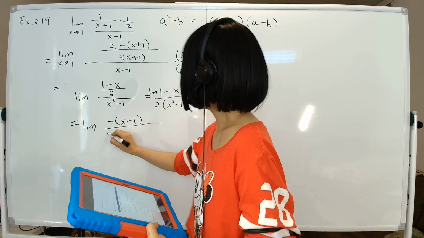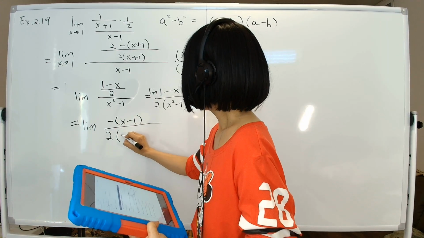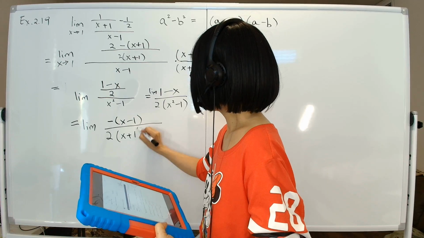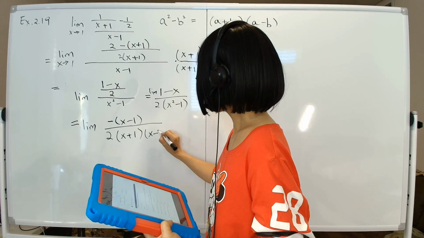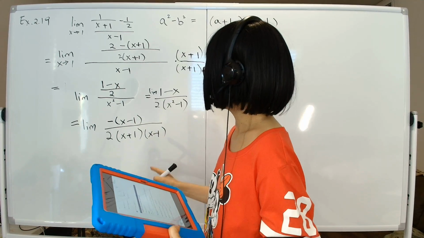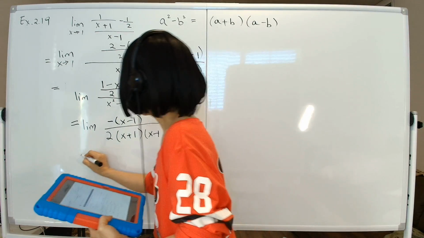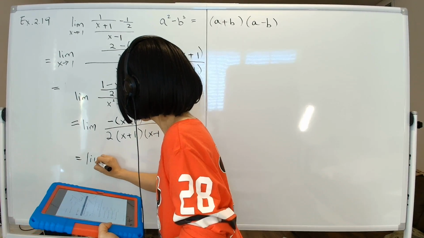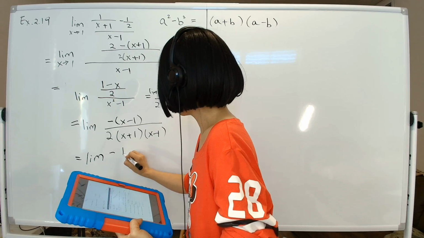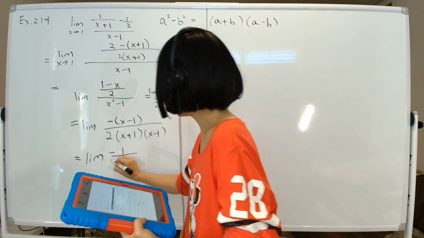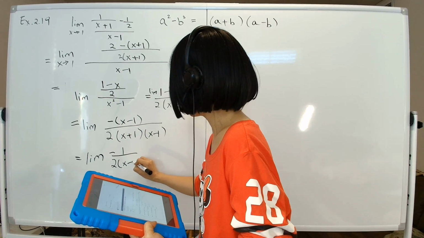And then this is 2 times x plus 1 times x minus 1. That's the original. Now you can cancel that out. So now you have the limit of minus 1 over this part canceled out, so you have 2 times x plus 1.